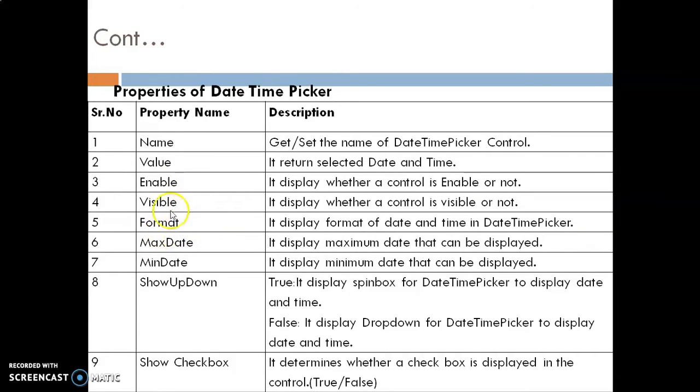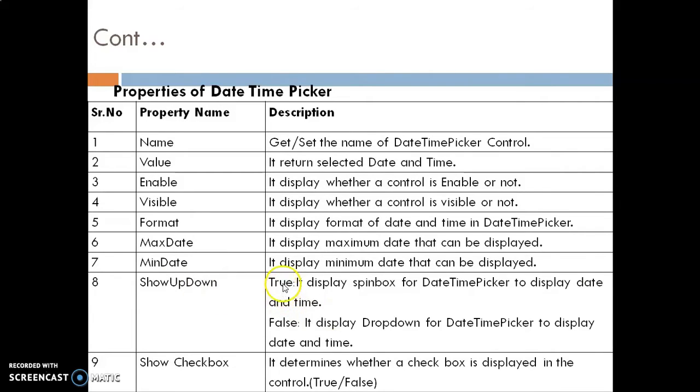Now next property is format, which display format of date and time in datetime picker. Then max date, this display maximum date that can be displayed, and min date means minimum date that can be displayed. Then show up down. It has two values, true or false.